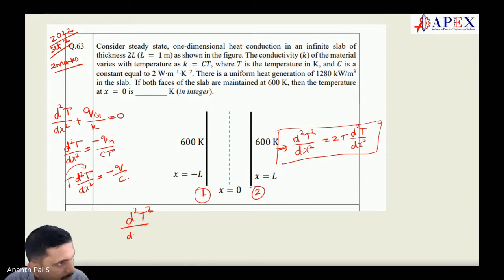I am just telling you. How will you write d square t square by dx square? Okay, fine. See here. D square of any function of x by dx square, what is this?